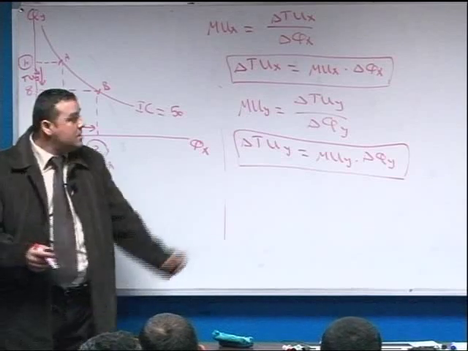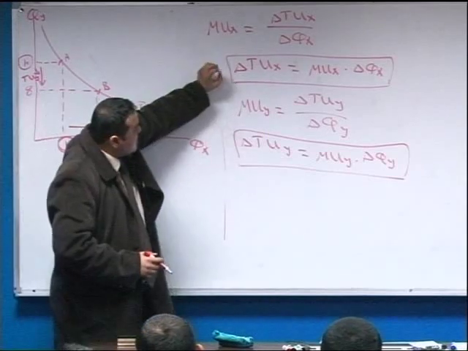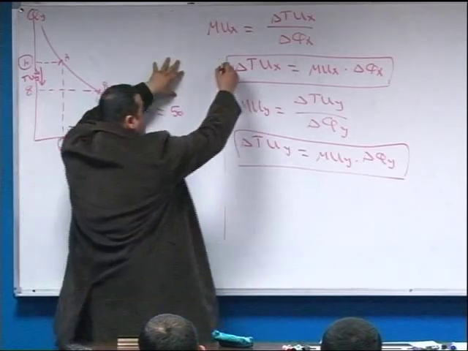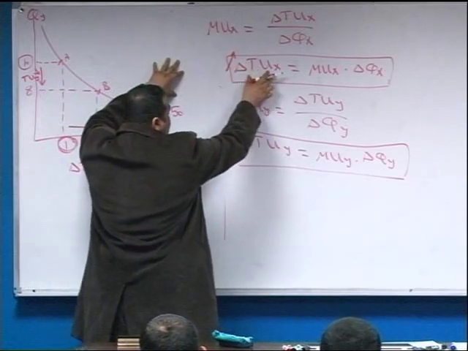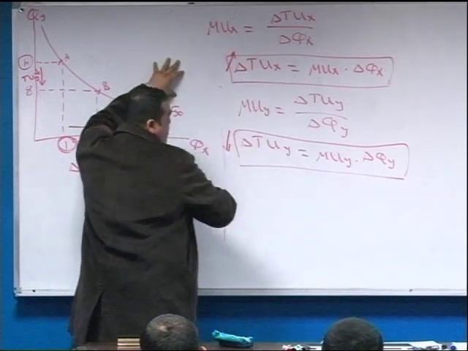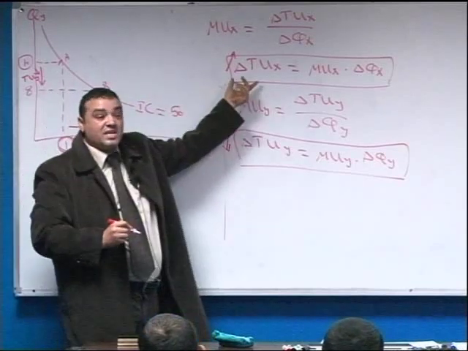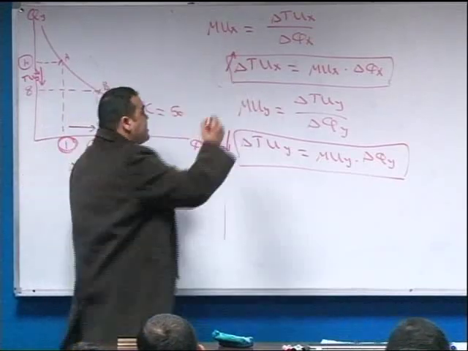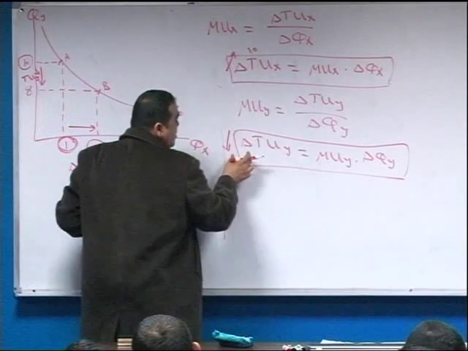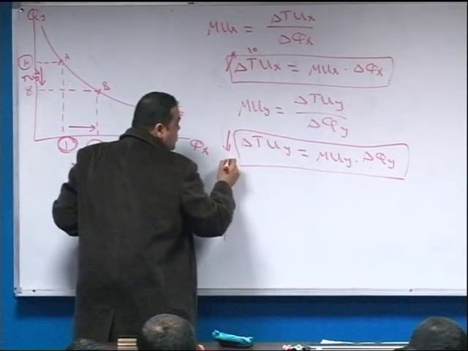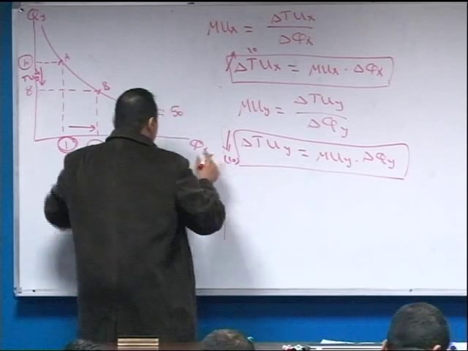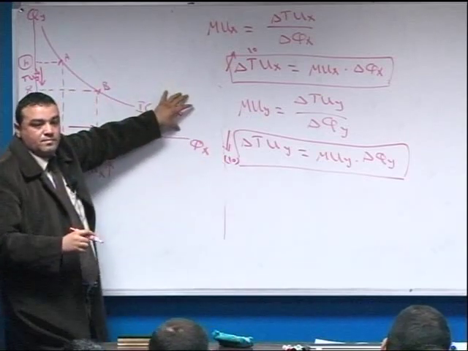So, suppose that the total utility of X increased by 10. The total utility of Y would decline by 10 to keep the same total utility of 50.